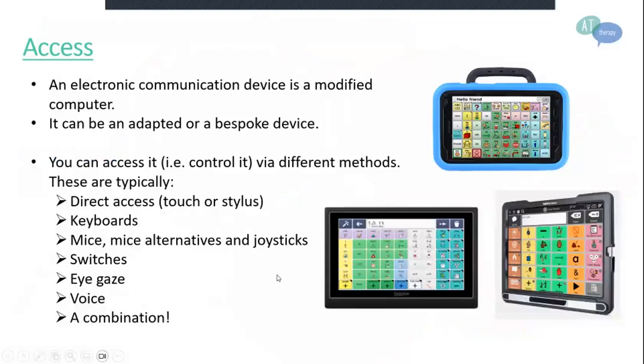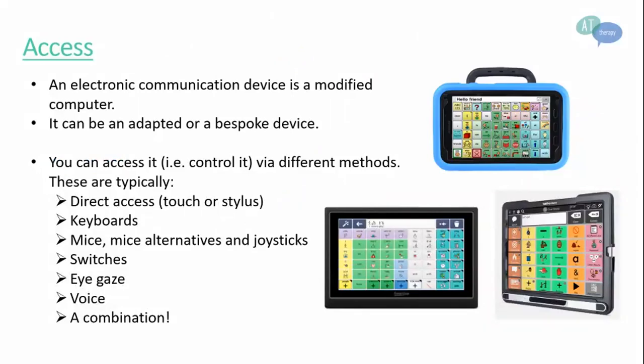Okay, so electronic devices and access. So what is an electronic device? It's essentially a modified computer, and that could be an adapted device. So it could be a phone or a tablet or an iPad that's adapted for communication in some way, or it could be like more of a bespoke communication device.